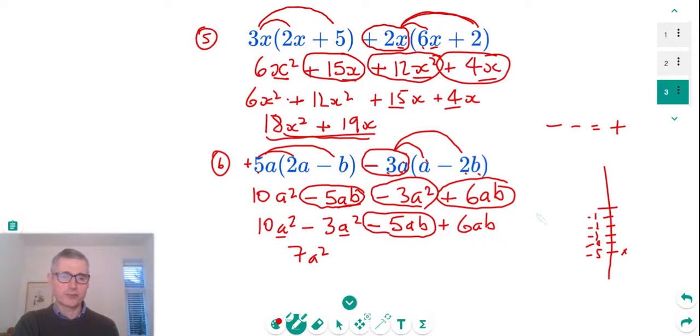And then I'm going to add 6 to it. So I'm actually going to go up by 6. 1, 2, 3, 4, 5, 6. And that will take me to positive 1. There's 0. So in fact, minus 5ab plus 6ab is going to give us 1ab. So that's positive 1ab. And I can simplify the 1ab by writing it as just ab. So that's going to be 7a squared plus ab.